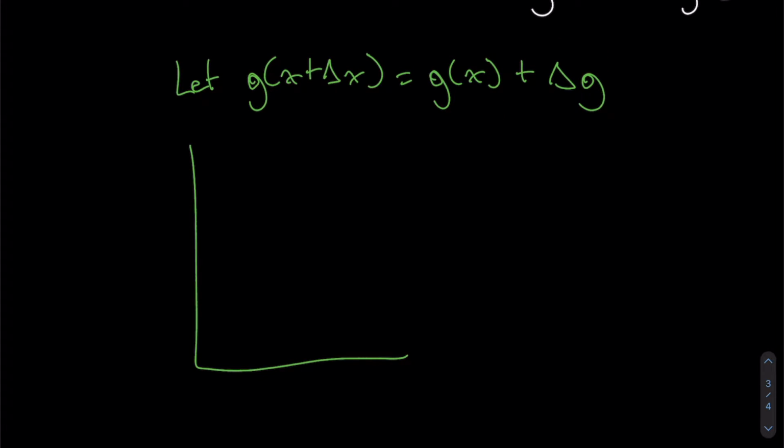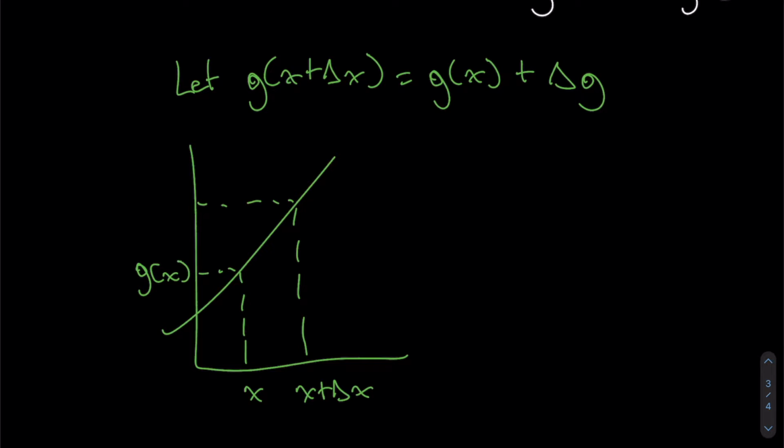So that's the same as me saying, here's x and then here's x plus delta x. And then here's g at x. This I could write as g at x plus delta x, but I can also just write it as g at x plus delta g, where this distance is delta g.